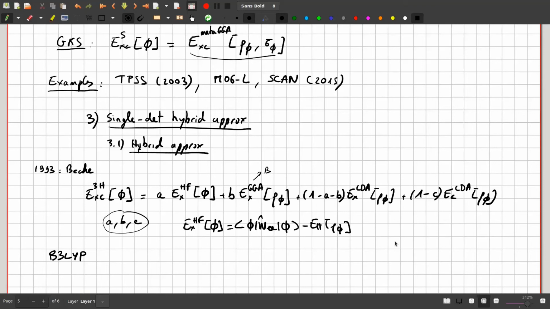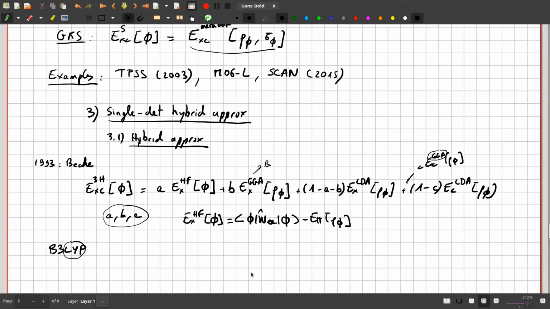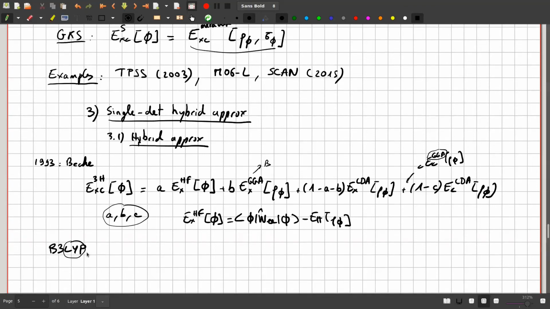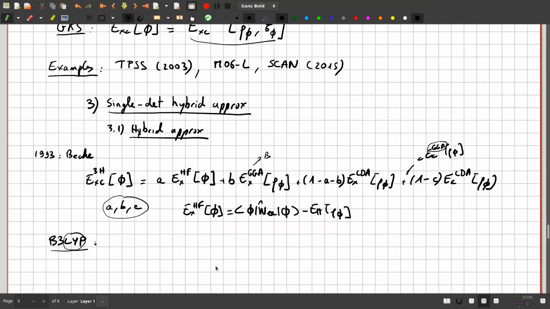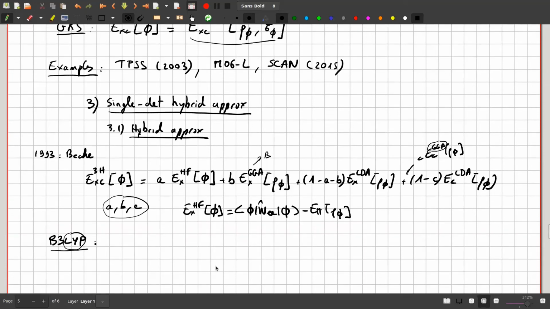Yes, I had forgotten c, E_c GGA. So LYP is used for this GGA correlation part. And this B3LYP was at some point the most used density functional approximation.